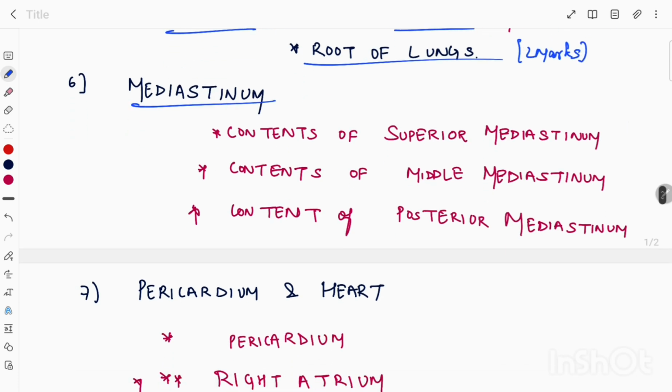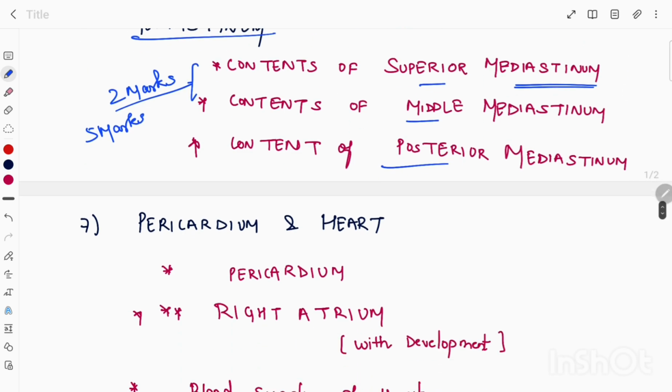Then there is the mediastinum. The contents of the superior, middle, and posterior mediastinum are very important. You can get a 2-mark question on any of these, or you can get a 5-mark question describing any two or something like that. So it's a very important question, the contents of the superior, middle, and posterior mediastinum.